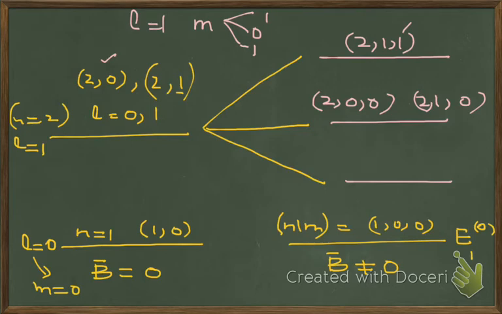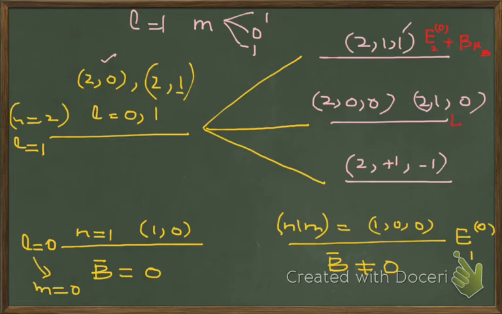The last level is represented as 2 1 minus 1, where minus 1 is the value of m. So now I write the splitting for this level: E 2 0 plus B mu B, where I have put m equal to 1.